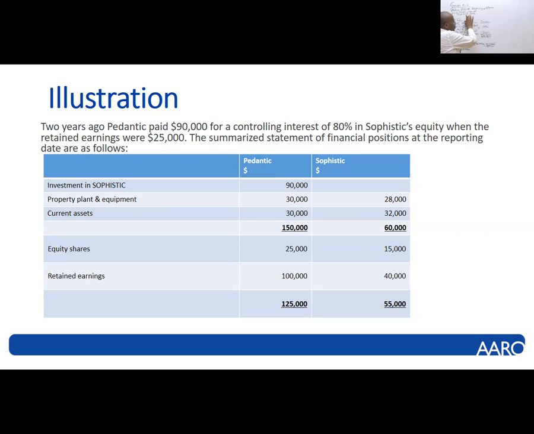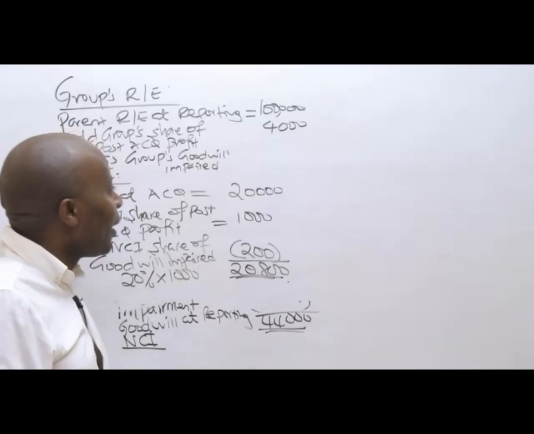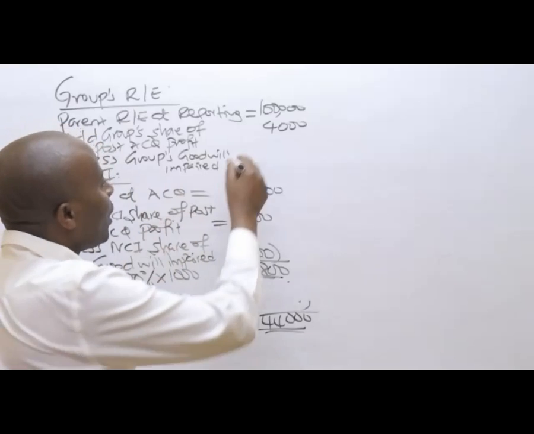So when you take 5,000 times 80%, you'll get 4,000. And then don't forget to less the group's goodwill impaired. It's a loss. So remember, we had 1,000. For this 1,000, our share is 80%. So 80% of 1,000 is 800.